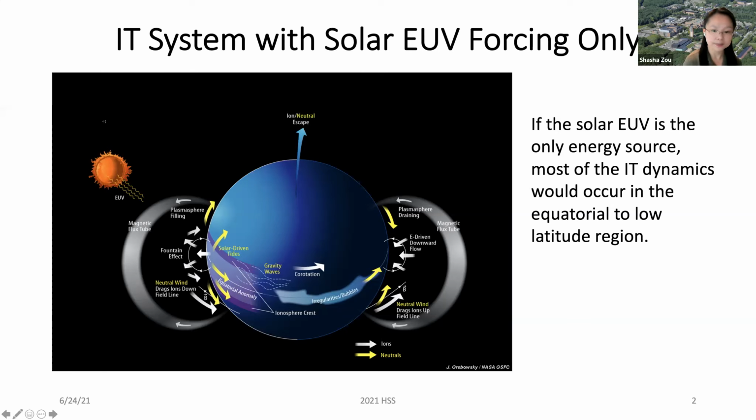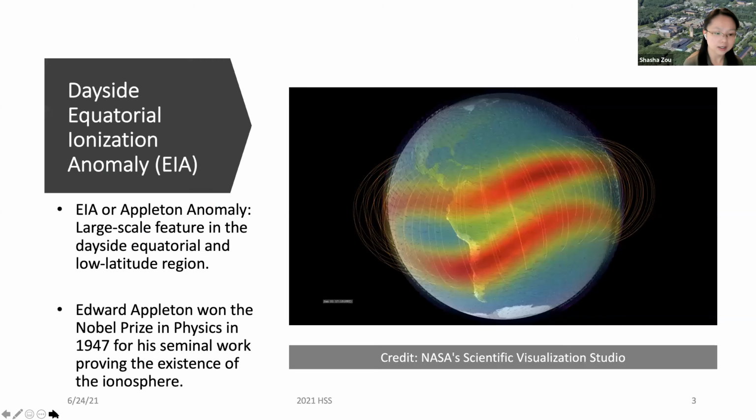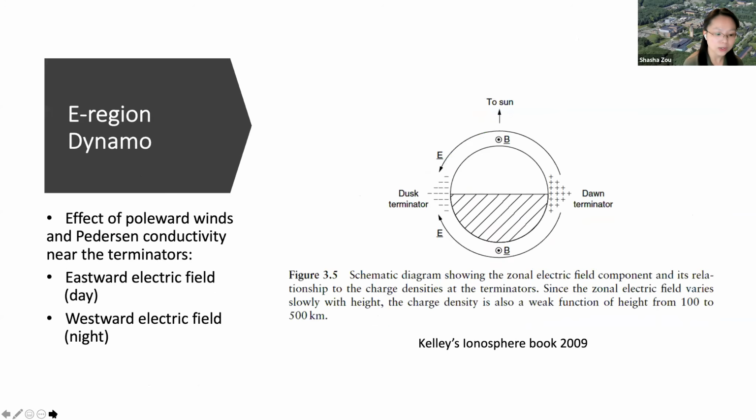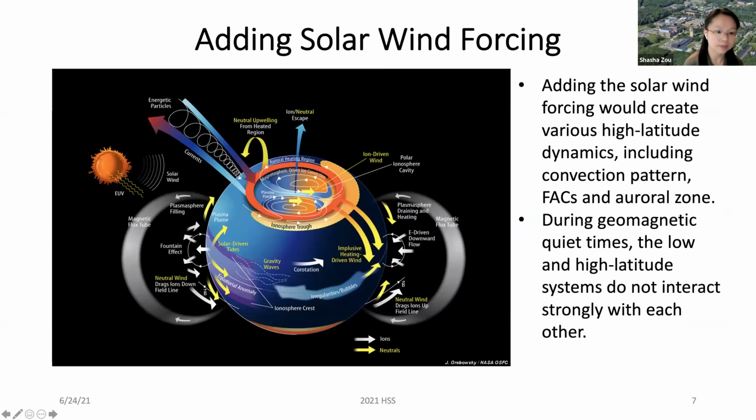Okay, so let me come back to this chart. When I showed this, I mentioned this is a chart where we only consider the solar EUV as the energy input for the IT system, right? In reality, besides the EUV, we also have the solar wind blowing from the sun to the earth. This is another type of energy source for the system.